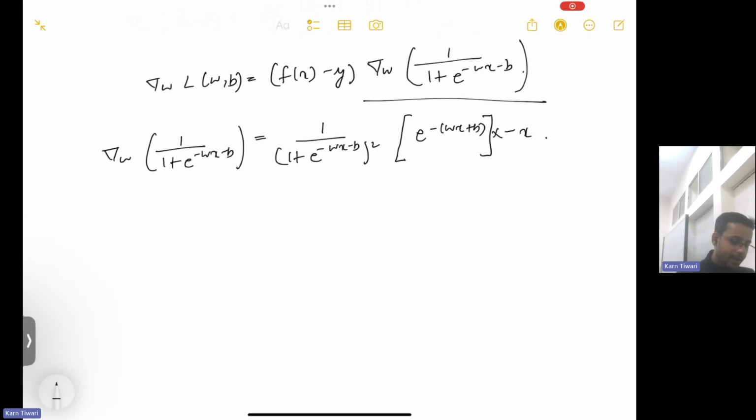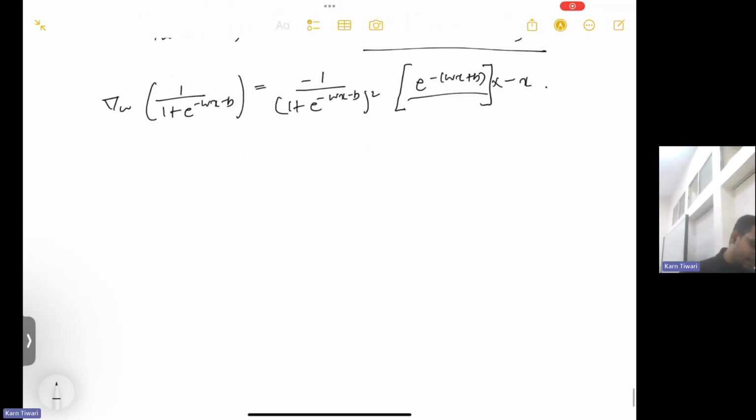Firstly, take the derivative; that's why the square is coming. The derivative of 1 is 0. So minus p is coming, and q. The derivative of e to the power minus x is e to the power minus x. E to the power of anything is e to the power of that thing, then you differentiate that function inside.